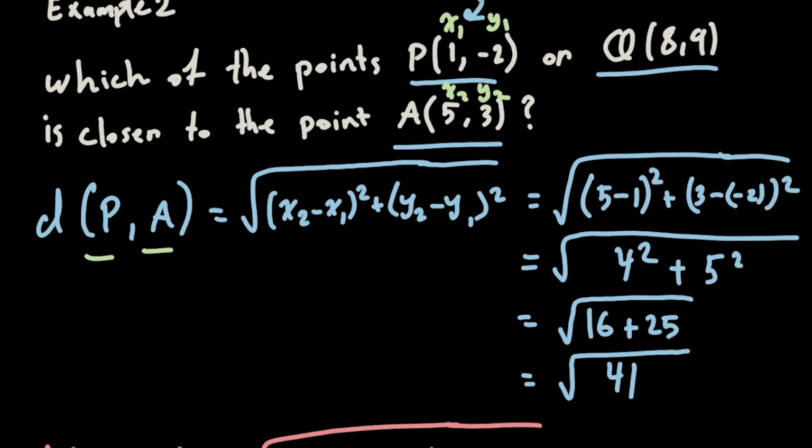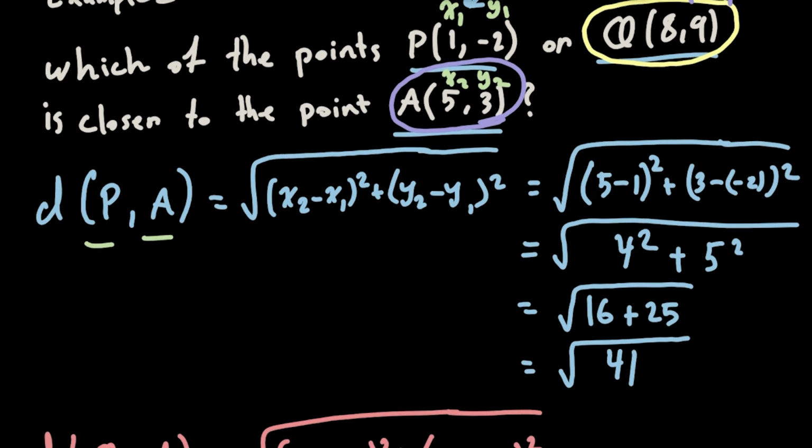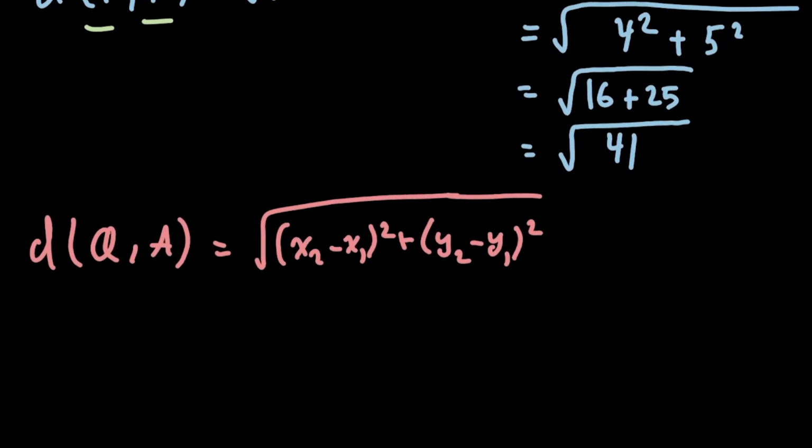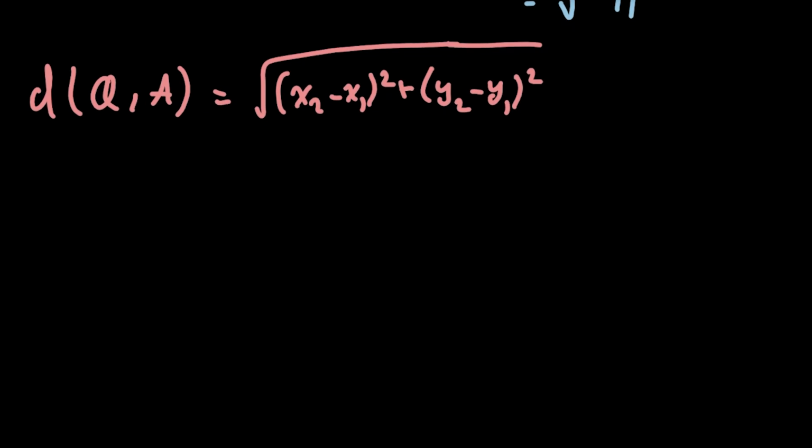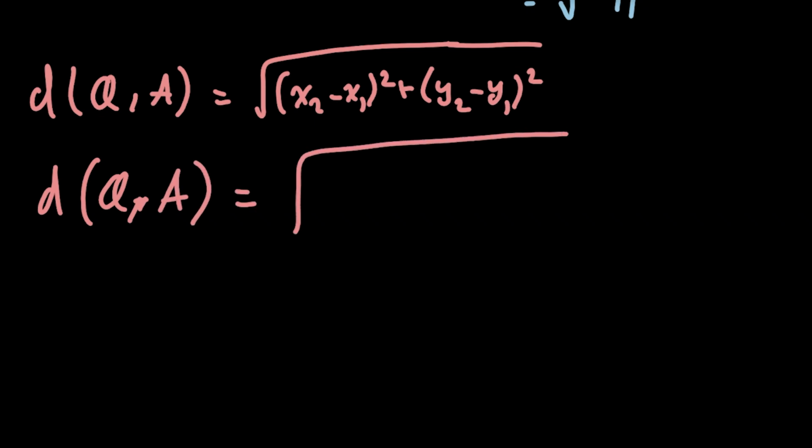We want to find the distance between Q and A. So this is x1 and this is y1. Let me just go back here. Okay, so the distance between Q and A would equal the square root of x2.